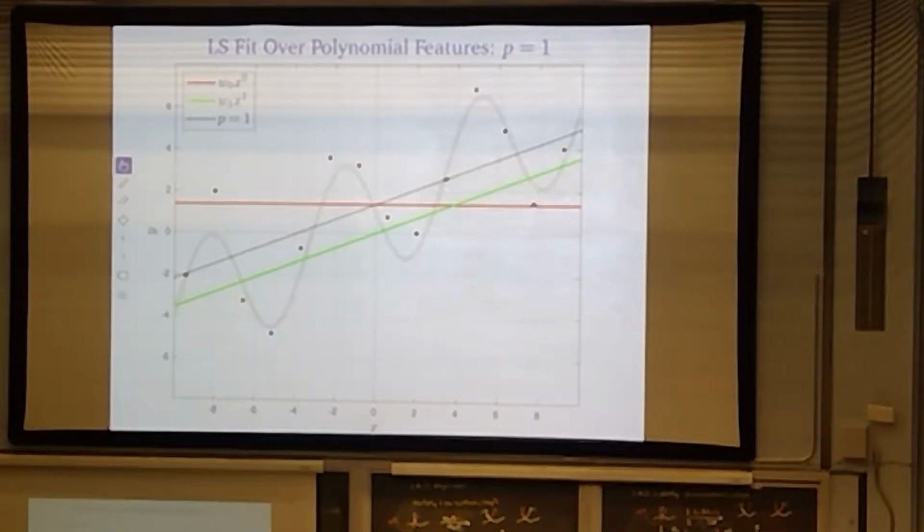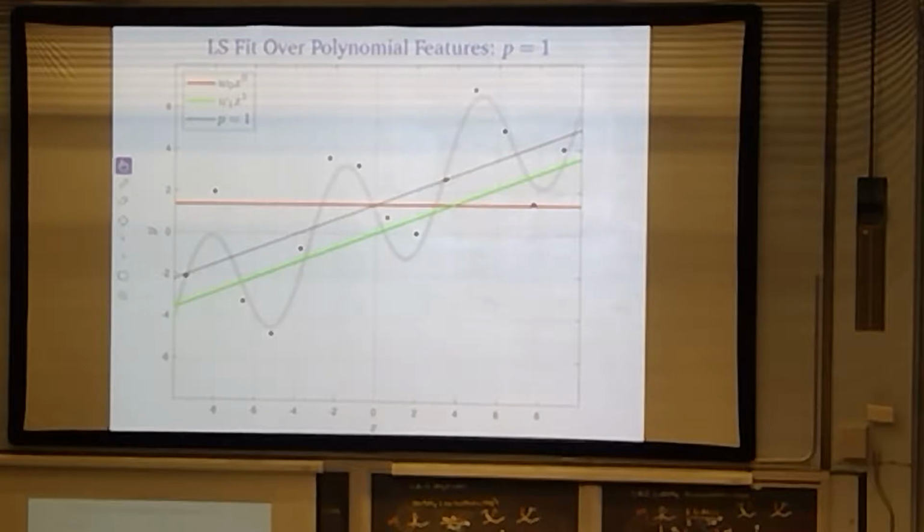Consider this, only 10 points. I have 10 points in black dots. I generated these 10 points, assuming this underlying model in light gray. It's a slanted curve superimposed with sinusoidal wave, okay? I have this underlying model, I don't know.